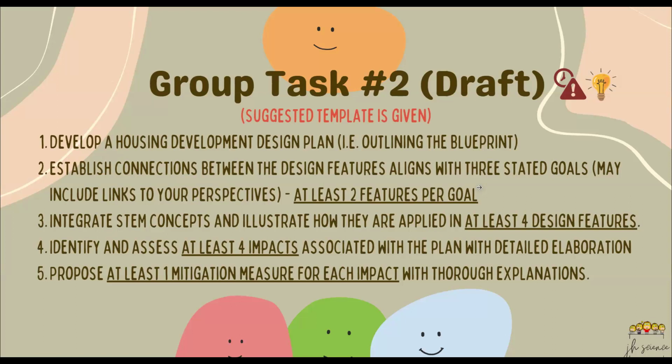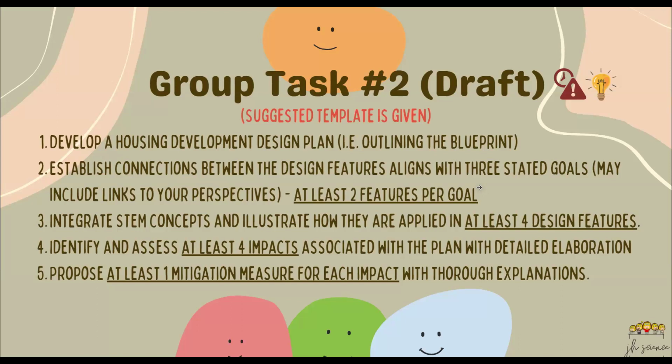Point 5 is, for each of these impacts, propose at least one mitigation measure with good explanation. That means at the end of the day, you have 4 mitigation measures being shared, each of them linking to the 4 unique impacts that we have raised in point 4.